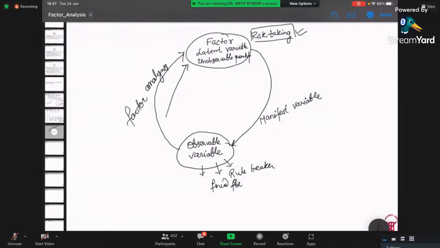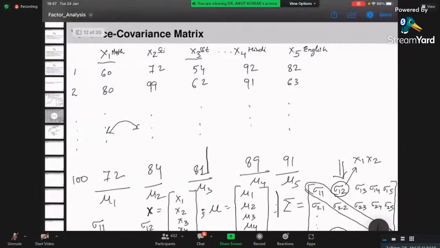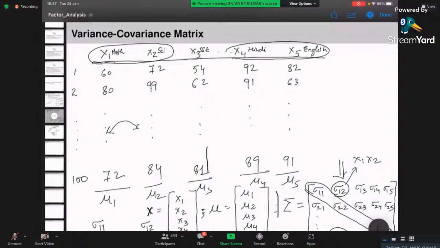For example, in the previous example I was discussing, you can see that there are 5 subjects. A student, as you people might have observed, may be very good at mathematics and science, but may not be as good in Hindi, English and social studies.